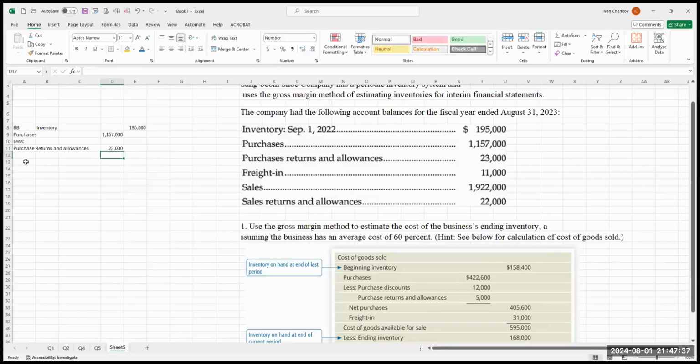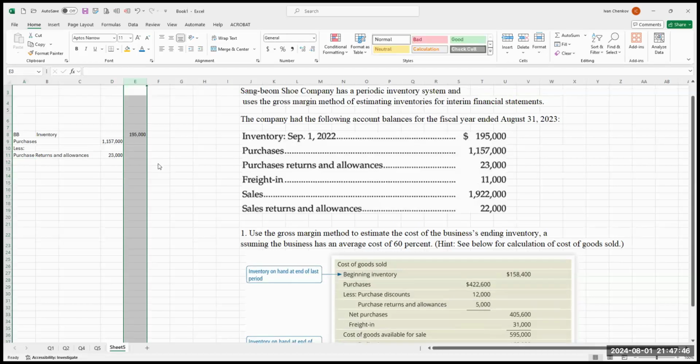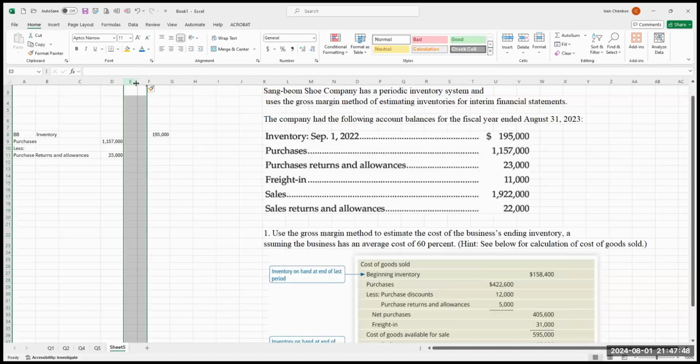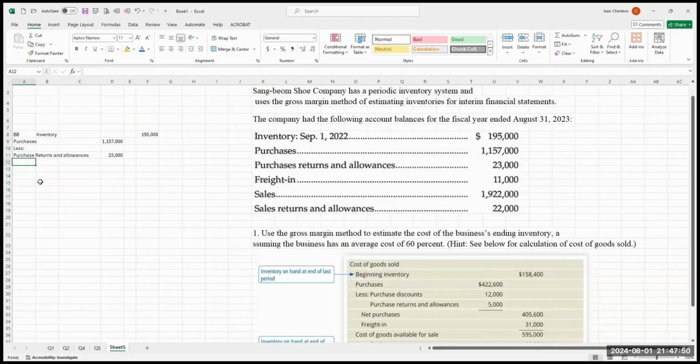So my net purchases, trying to make it nicer so you can see, are equal to my purchases less my purchase return and allowances. I have my net purchases. What else do I have to add? I have to add the freight in.